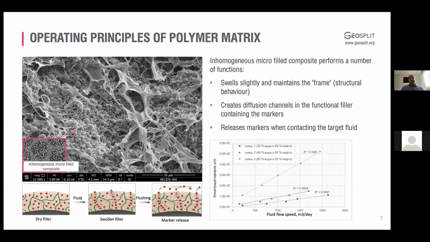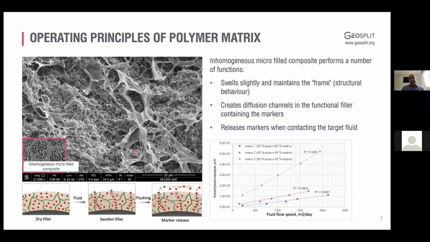So how does the release mechanism work? As I mentioned, we place the polymeric spheres in a composite material, which is a homogeneous microfield material, and it is pre-designed depending on which fluid phase we would like to trace. So we have a material for oil and then material for water and also for gas.